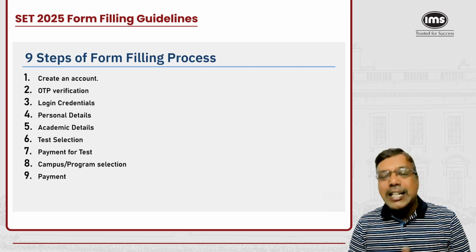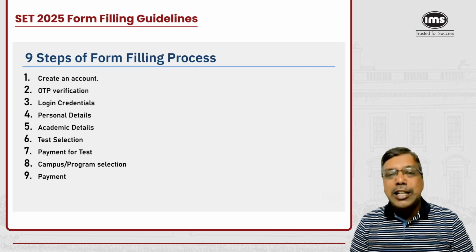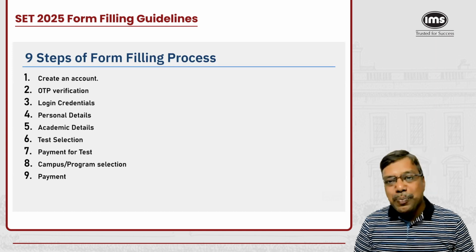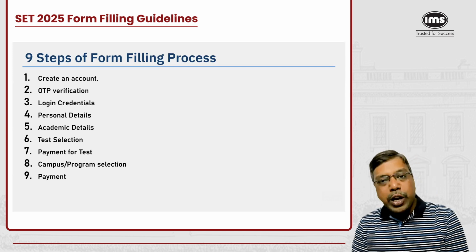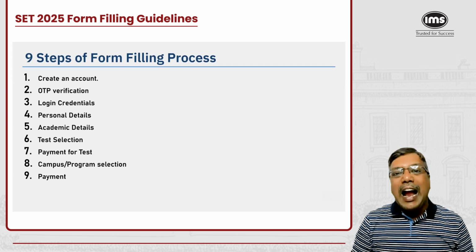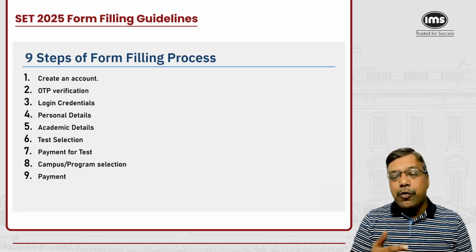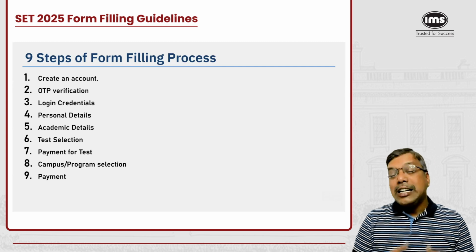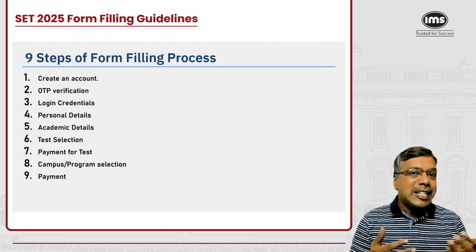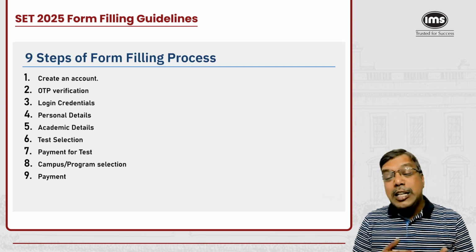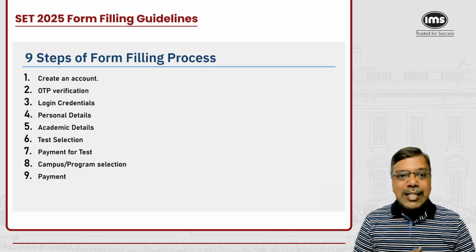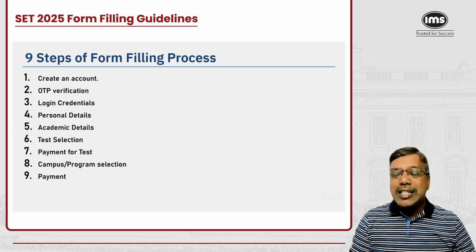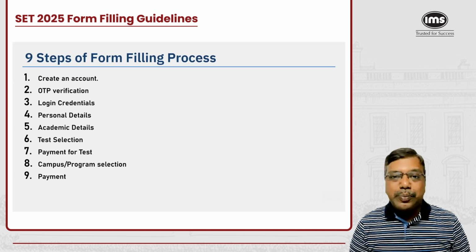Then an account is created, login credentials are sent to you via email, WhatsApp message, with which you can log into the form and fill the form with your personal details, academic details, the selection of the test date, the city preferences for the test, and then make the payment for the number of tests that you have opted for.